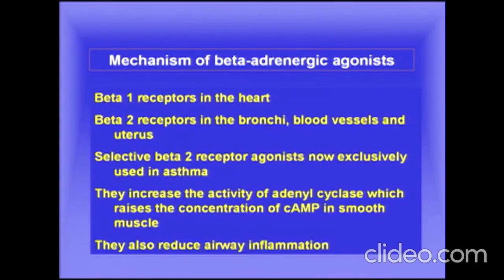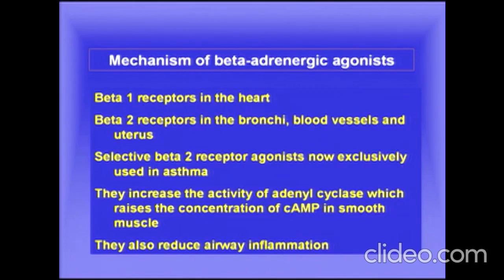Let's look at the mechanism of the beta-adrenergic agonists. Now, there are two kinds of beta receptors. There are the beta-1 receptors in the heart, which increase the heart rate and the strength of contraction of the myocardium. And there are beta-2 receptors that exist in the bronchi, also blood vessels, and the uterus.